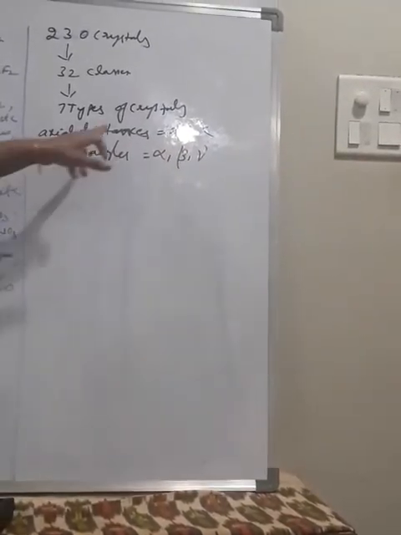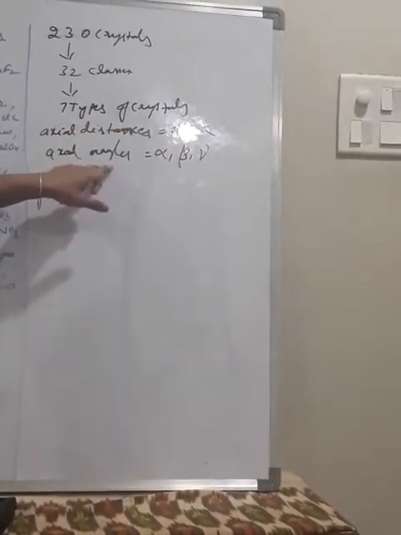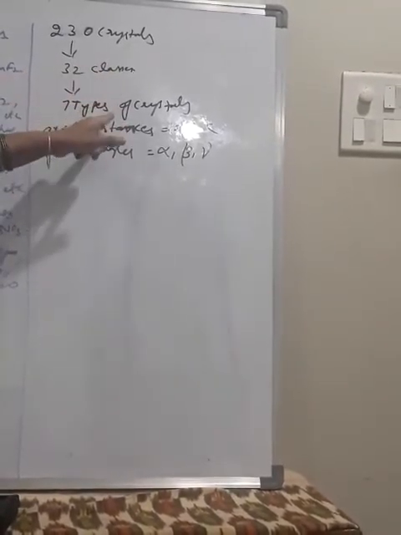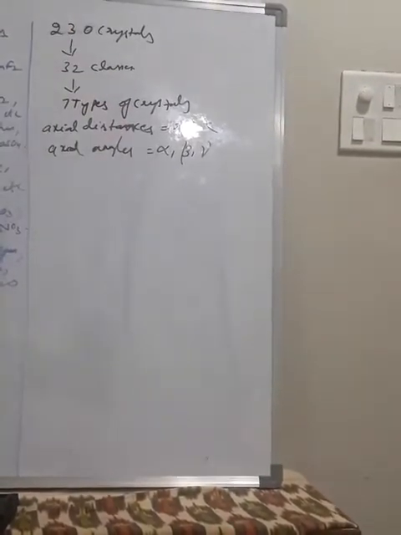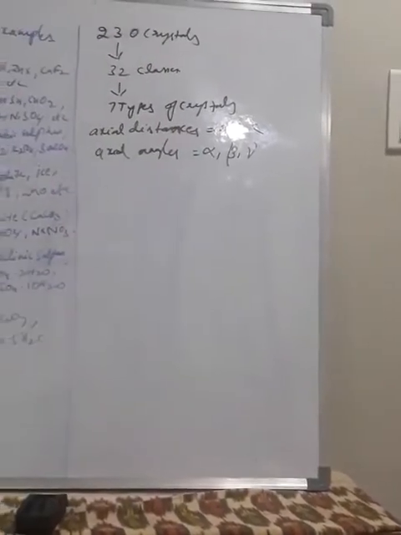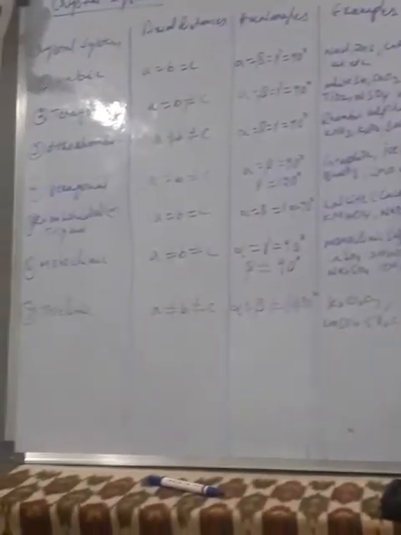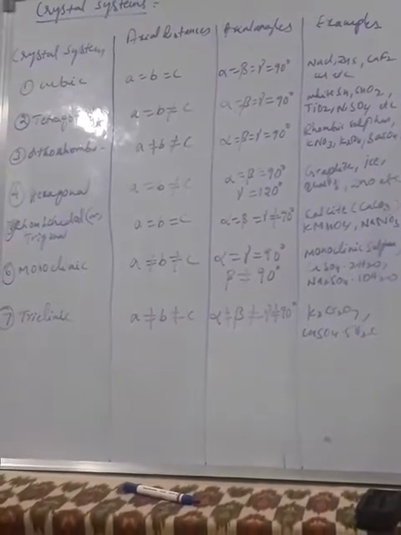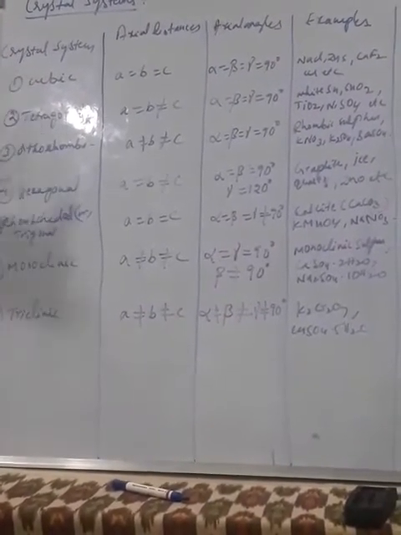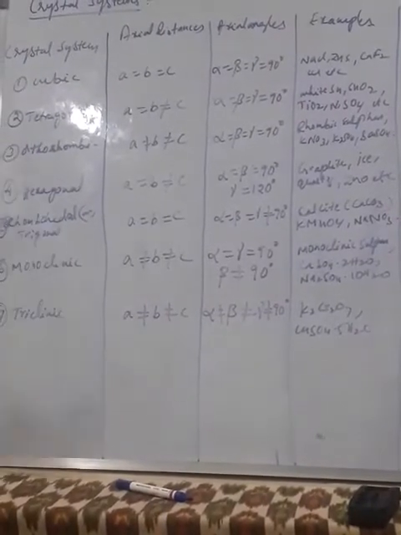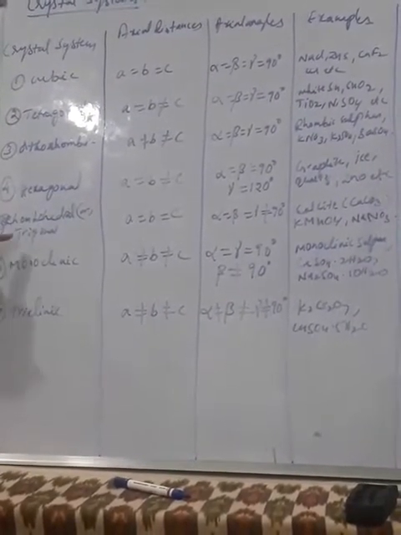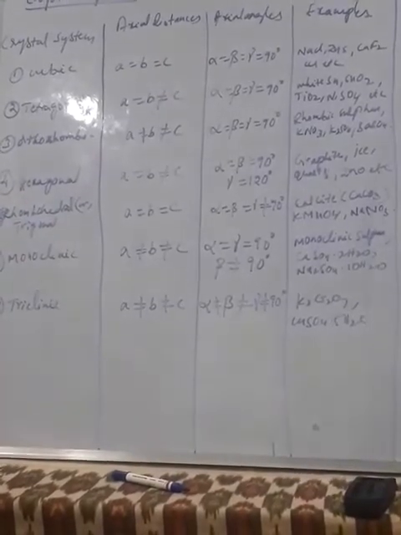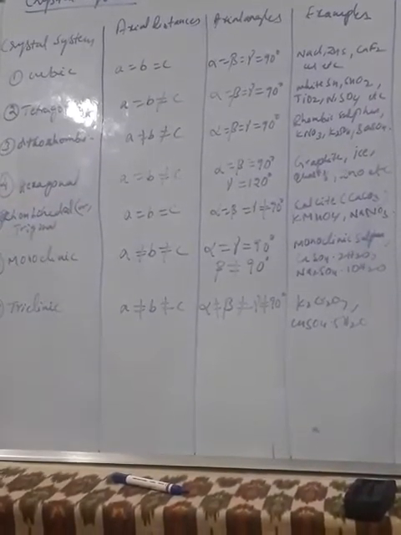So basing upon axial distances and axial angles, these 32 classes of crystals are further classified into 7 types. So this is the 7 type crystal system: cubic, tetragonal, orthorhombic, hexagonal, rhombohedral or trigonal, monoclinic and triclinic.